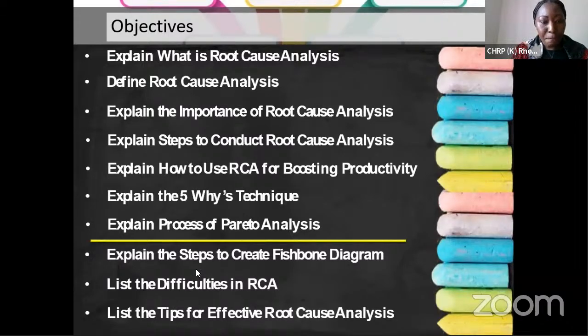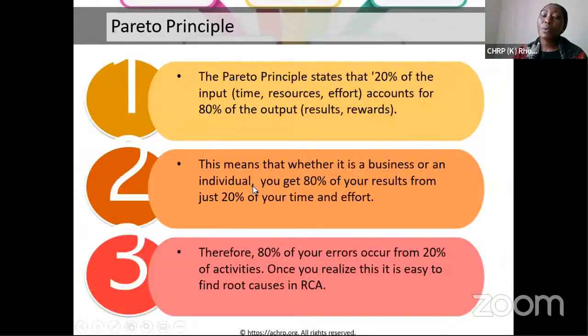So welcome. Let's go to Pareto analysis. Pareto analysis is also what we call the 80-20 rule. It originated from a social concept where the founder was arguing that 80% of the resources or the land were owned by only 20% of the population.